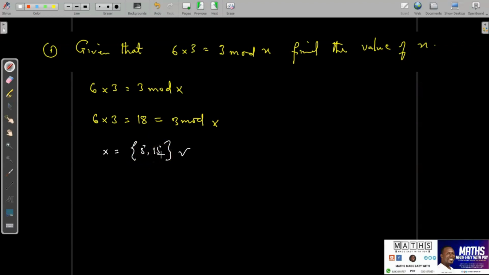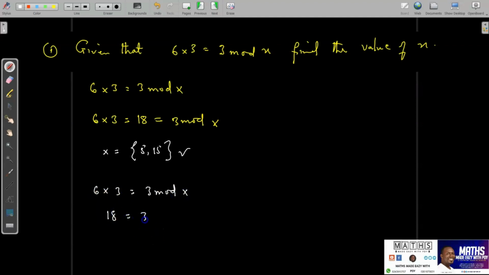Now, this is how you can present it without just relying so much on intuition, even though whatever we are going to do still needs your understanding. This is the proper way of mathematically presenting it. Having 6 multiplying 3, which is equivalent to 3 mod x, the first stage is that 6 multiplying 3 gives me 18.